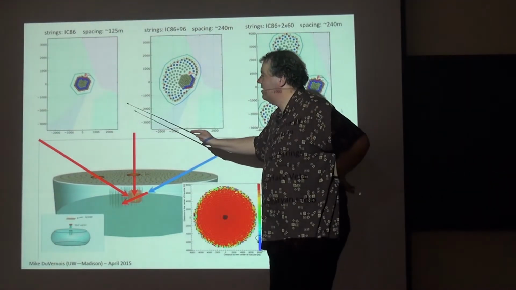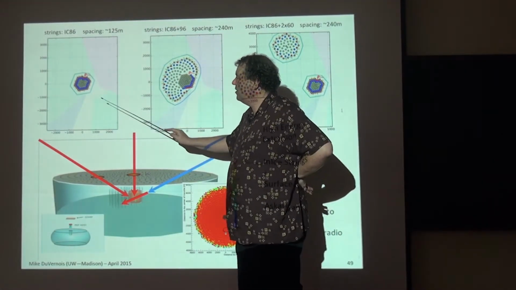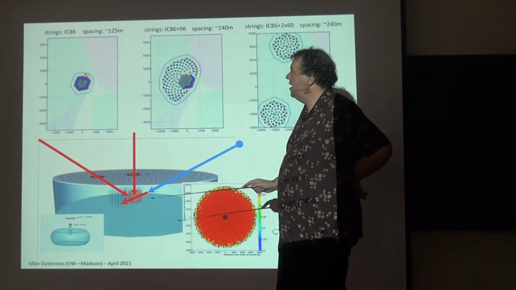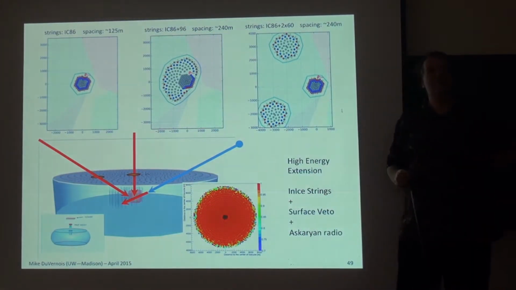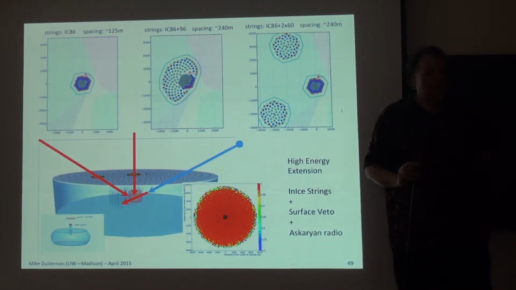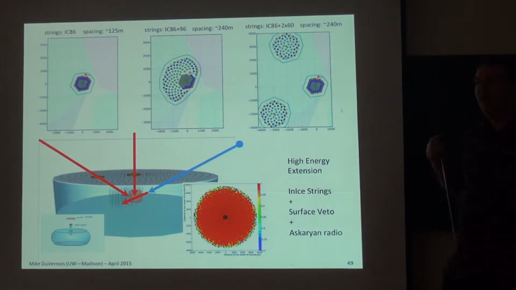What we have is the current IceCube detector, 86 strings spaced at 125 meters. That was a nice conservative value at the time of the design. Basically, 125 meters is about one attenuation length in the ice.